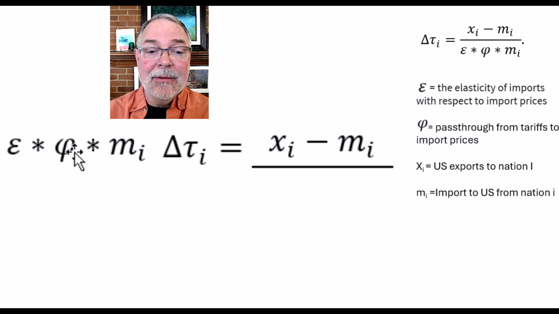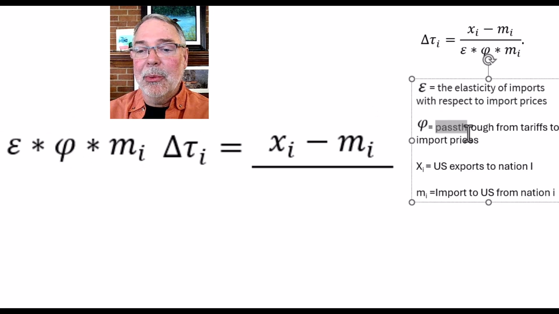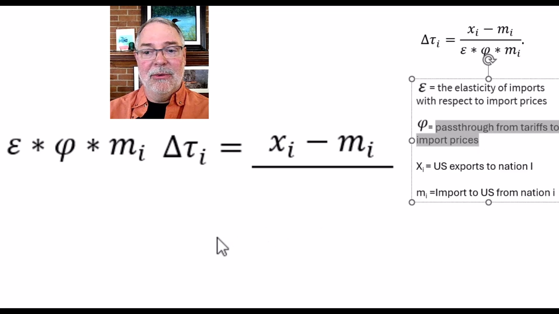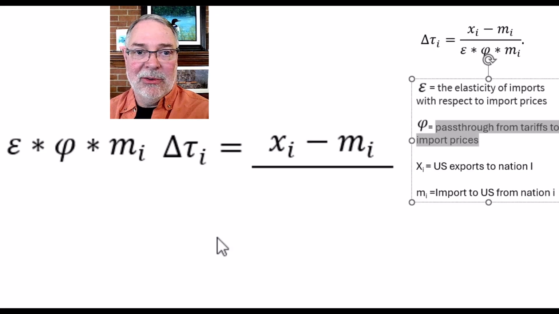For phi, there in the middle, phi is the pass-through from tariffs to import prices. If I put a 1% tariff on a product, how much of that passes through to the price?